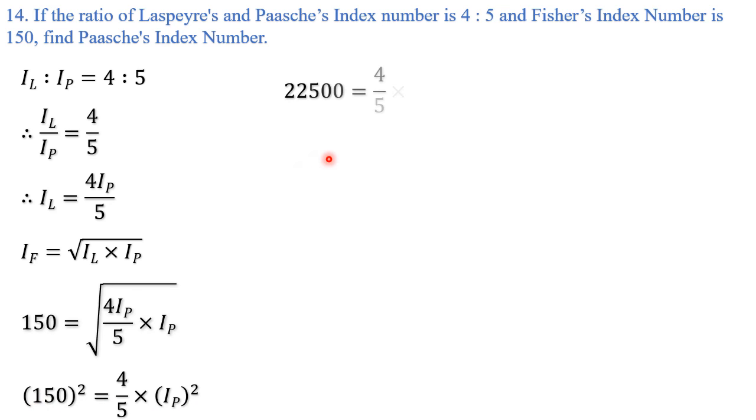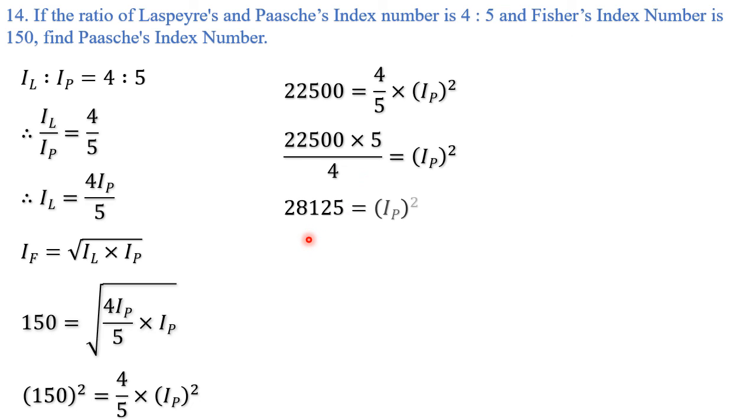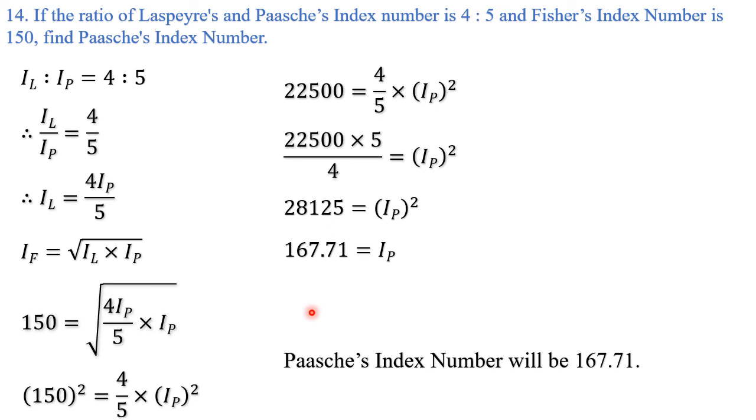Now 150 square is 22,500, and next I am going to change the side of this 4 upon 5, so it becomes 5 upon 4. 22,500 into 5 upon 4, and the answer for that is 28,125. This is square, so if I want to remove the square, I need to make a root of this. So root of 28,125 is 167.71. So the past year's index number for this sum is 167.71.